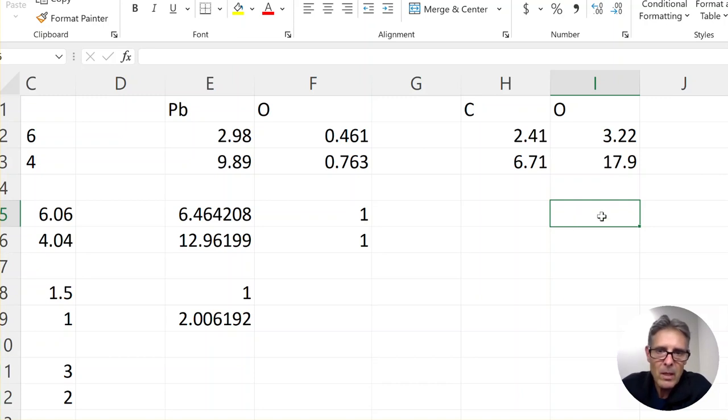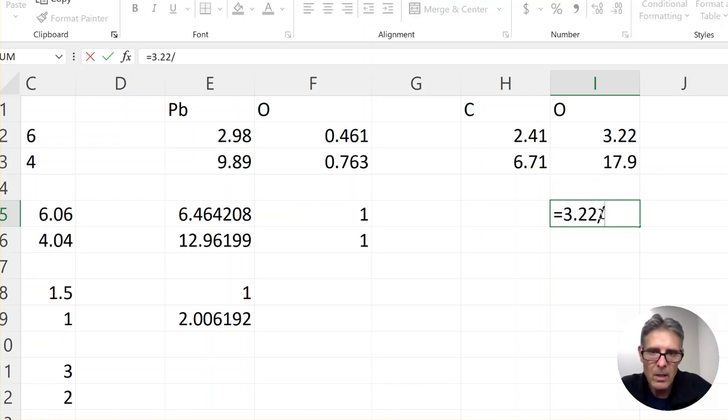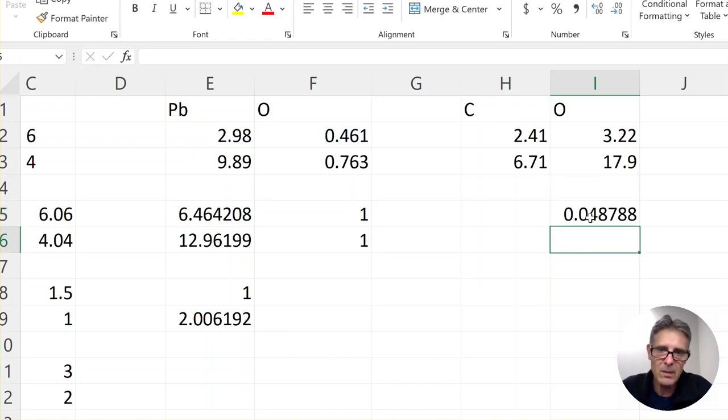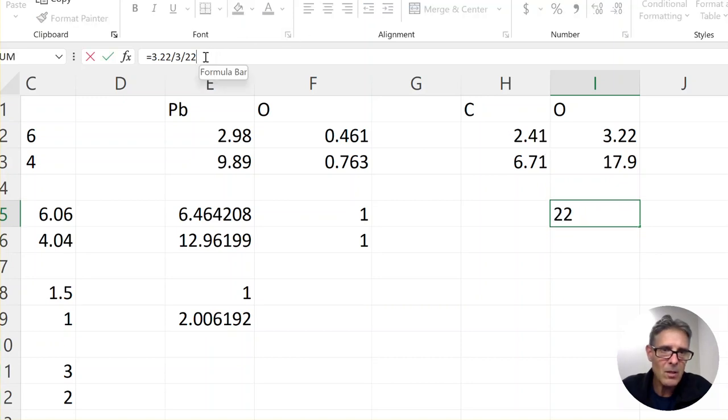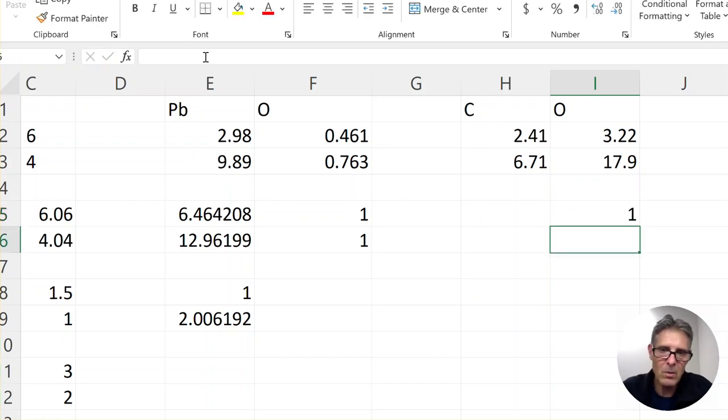All right, so I'm going to move all of my oxygen to 1 gram. To do that, I'm going to say that I have 3.22, divided by 3.22. No surprise, well, I didn't do that right. Try that again. 3.22 divided by 3.22. That's what I want to see.